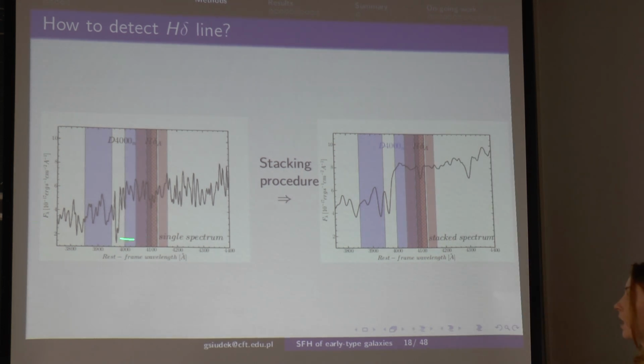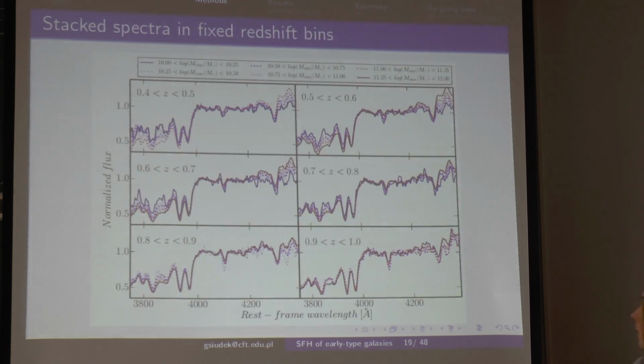As we can see, the H delta index is not detectable mostly on single spectra. So I developed a stacking procedure to increase the signal to noise to measure the H delta index. I co-add my spectra in 6 narrow redshift ranges and in 6 narrow stellar mass ranges, and here we see my stacked spectra in different colors.